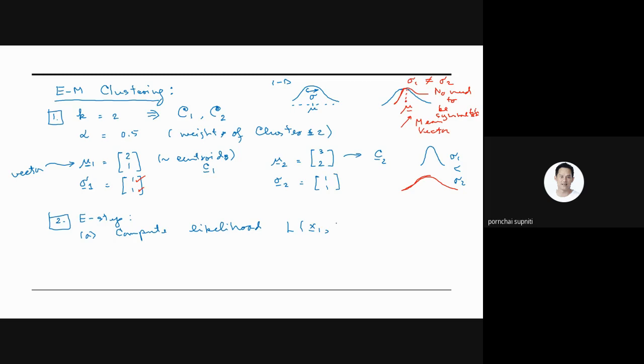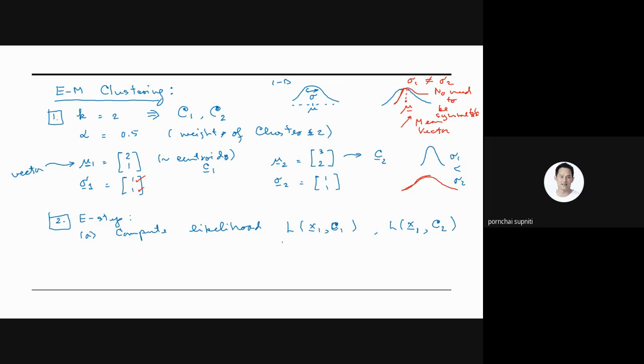The likelihood that x1 is in cluster 1, and also the likelihood that x1 is in cluster 2. When we say likelihood, we mean how likely x1 is in cluster 1 and how likely it is in cluster 2.